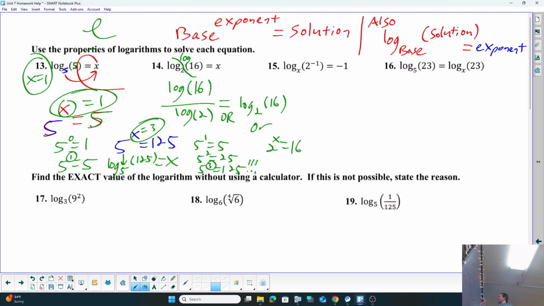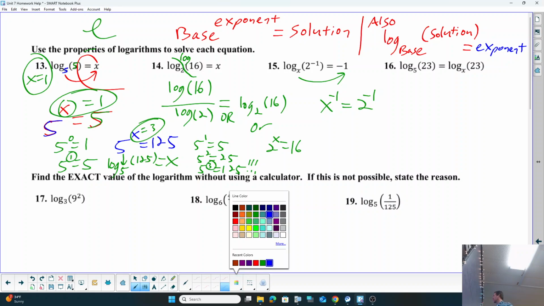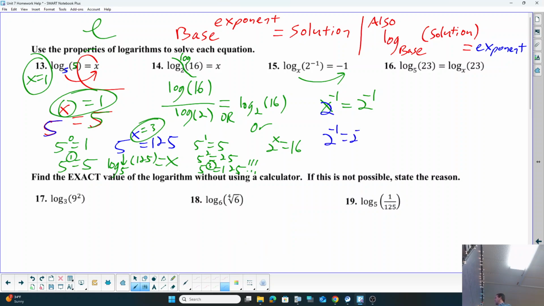Number 15 is going to be a little weird. It's x to the negative 1 power equals the solution to the negative 1. Just looking at that, wouldn't it have to be 2 for them to be equal? So 2 to the negative 1 equals 2 to the negative 1.